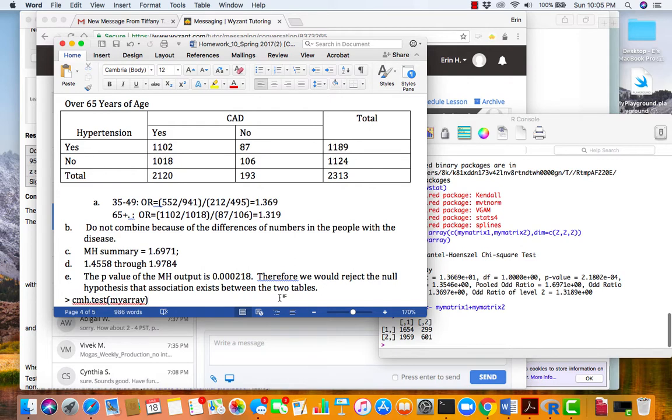And we would reject the null and claim that association does indeed exist.